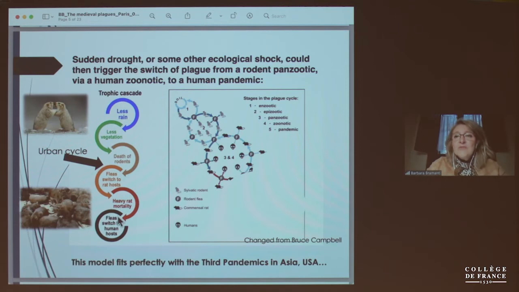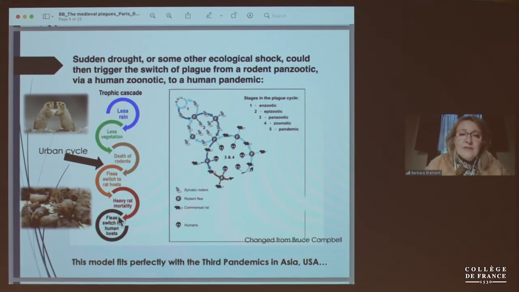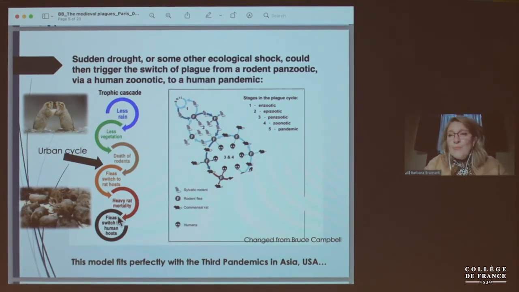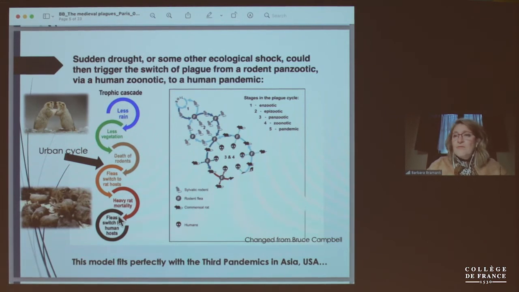There are some descriptions of this situation during the third pandemic, and observers are speaking about streets littered, covered by cadavers of rats, black of rats. Therefore, it was not a phenomenon that could be overlooked, at least in Asia.